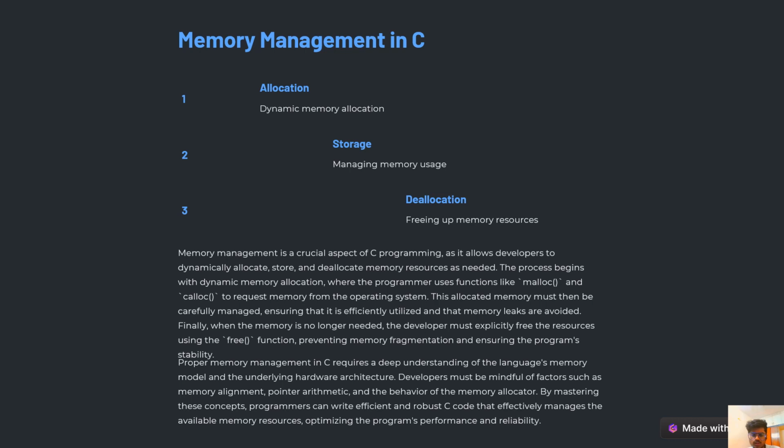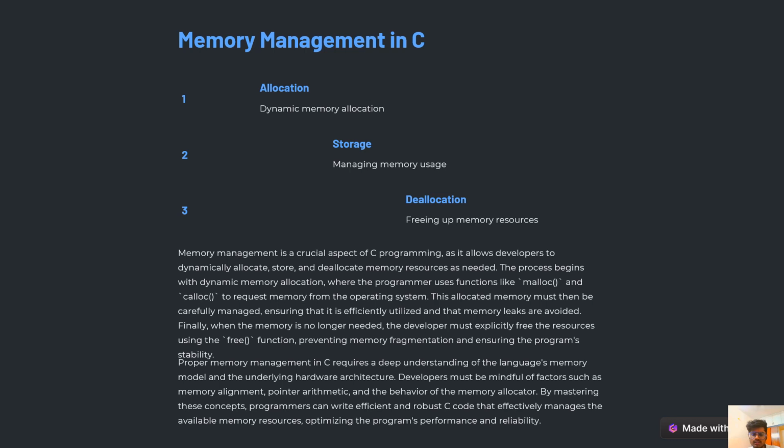This allocated memory must then be carefully managed, ensuring that it is efficiently utilized and that memory leaks are avoided. Finally, when the memory is no longer needed, the developer must explicitly free the resource using the free function, preventing memory fragmentation and ensuring the program's stability.